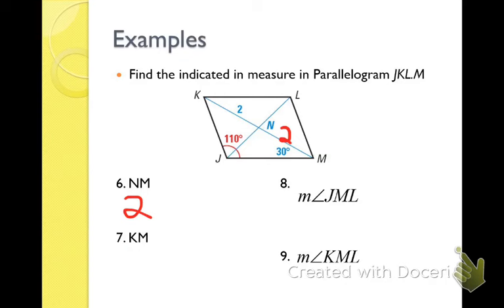Okay. Then we've got the measure of angle JML. It's tricky. We got some different information here. How are we going to find JML, Gage?